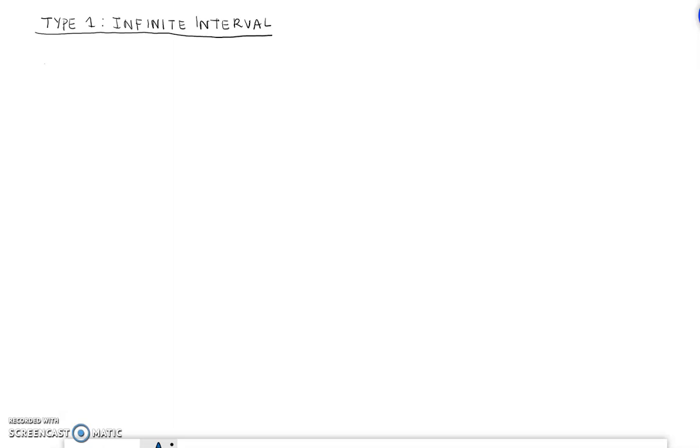So for the first case, where the limit is from a finite number a up to infinity of f(x) dx, the graph should be something like this. Let's say the function is something like this.